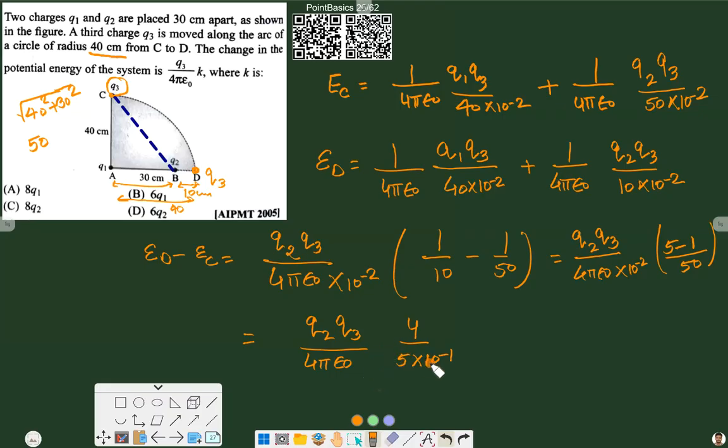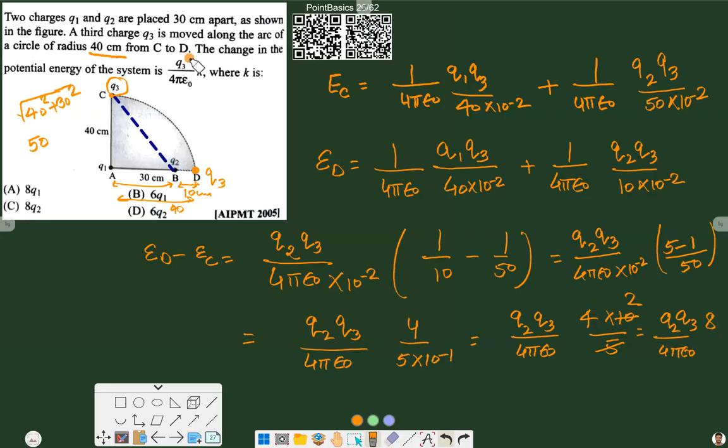And we can adjust it something like this, that this 10 goes above. So this will be Q2, Q3, 4 pi epsilon naught, 4 into 10 divided by 5. 10 gets cancelled. So it will be Q2, Q3 by 4 pi epsilon naught into 8.